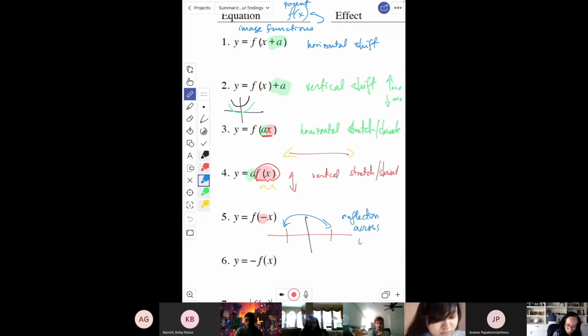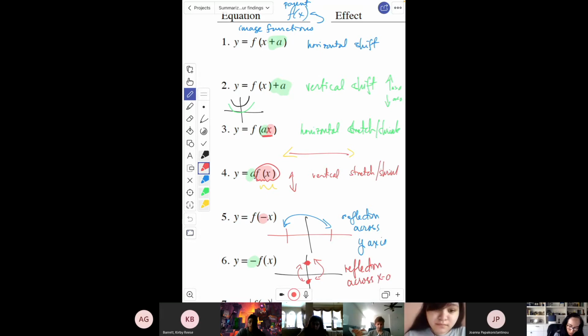And then if I negate my y's, if I take my y values and I negate them, what type of transformation is that? Reflection across the x-axis. Yes, reflection across the x-axis.